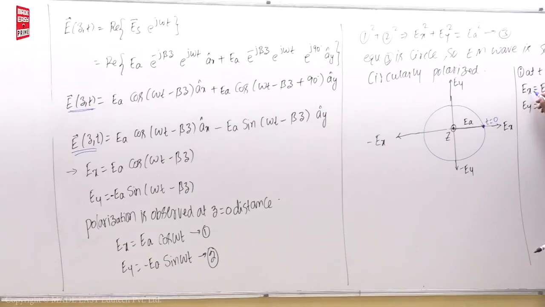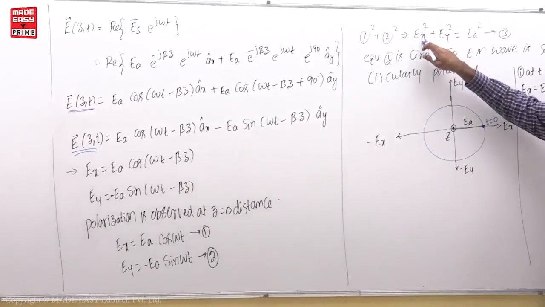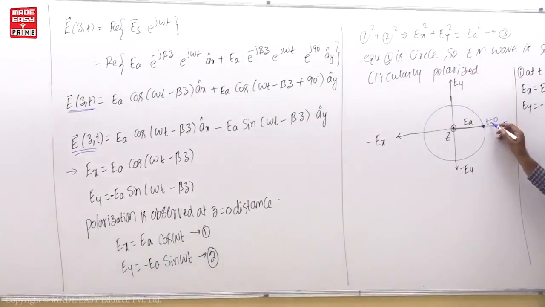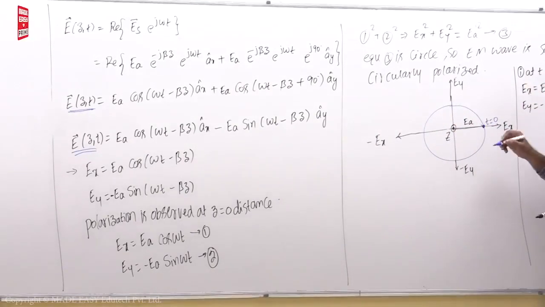So only the electric field x component is giving the overall. See here, Ey 0 you put, so Ex square is equal to Ea square. Now Ex is equal to Ea. At time 0, the tip is here. What I am telling you is that the electric field tip traces a circle. Now that tip at t equal to 0 is here.